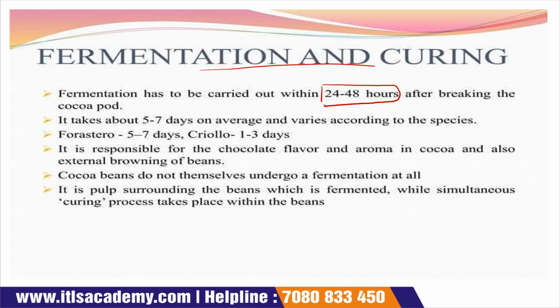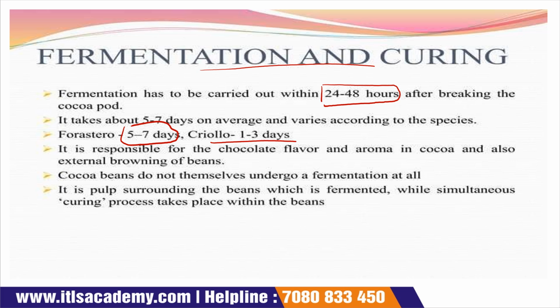This fermentation usually takes 5 to 7 days on average, and it also varies according to the variety we use. The Forastero variety of cocoa is fermented for 5 to 7 days, and Criollo is fermented for around 1 to 3 days.